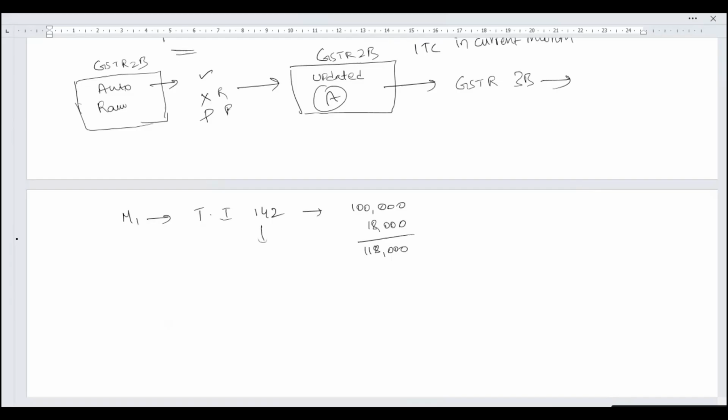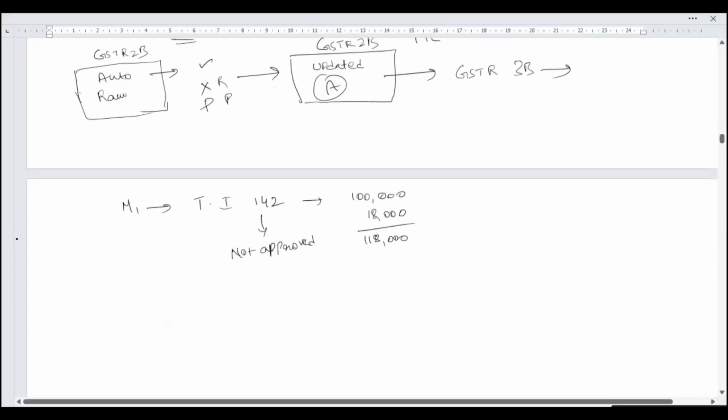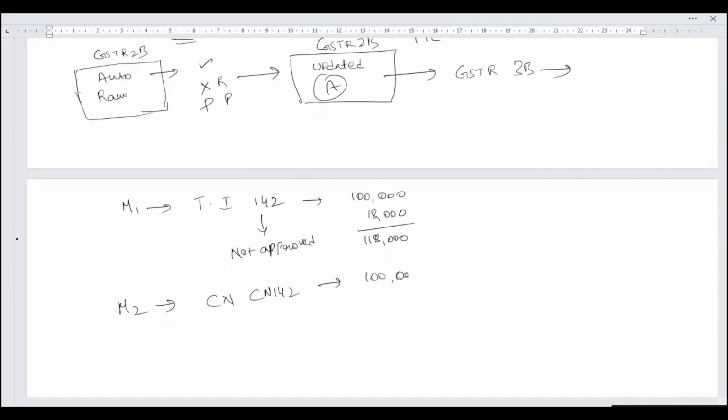This tax invoice is not approved by the client. For some reason he has not approved. Then what I'll do in month 2 is give a credit note called CN 142 for the same 1,18,000.